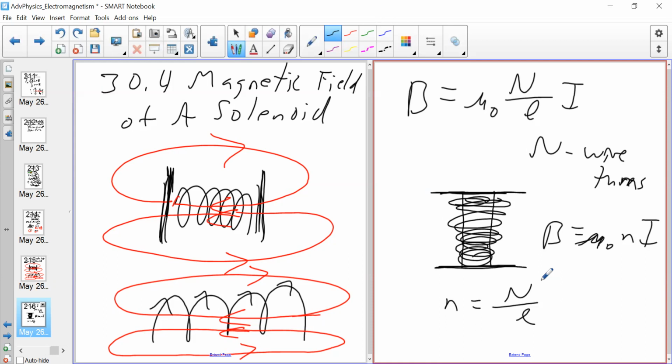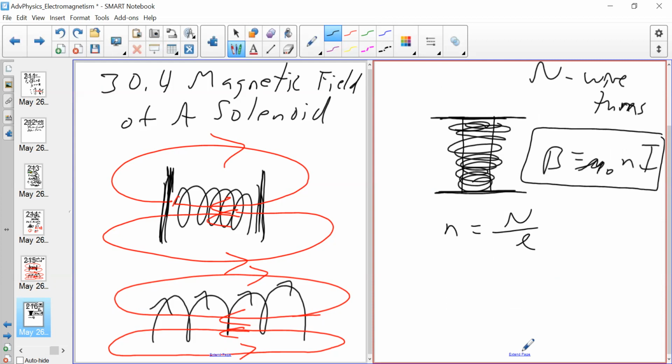But we're interested in finding out what the magnetic field will be in the solenoid, and this is our equation. So let me explain these variables. It goes back to the previous equation.